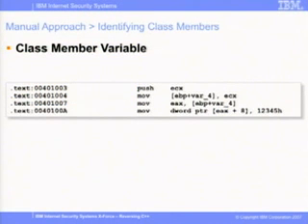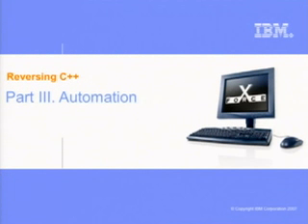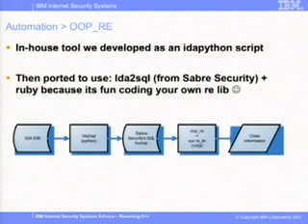Now, we can do all that, identifying the classes, class relationships, and the class members, but it is a very tedious and very time-consuming task. So we did some automation of the particularly time-consuming tasks. It's not 100% perfect, but if we seek perfection, we won't actually get done.